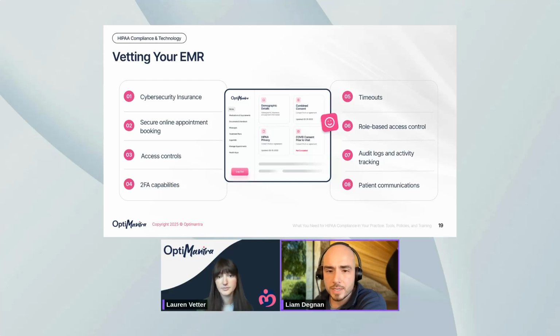Yeah, and I'll chime in. For those of you, like we talked about before, making sure that you have a BAA in place, when you're ready to do that deeper evaluation, this would be the slide I recommend you go back to. So the secure booking, the access controls, the multi-factor authentication capabilities, particularly role-based access controls, timeouts, all of that sort of stuff, is a part of something called the HIPAA minimum necessary standard, which means that if you have an employee in your practice that does not need access to all of your patients' information, they shouldn't have access to all of your patients' information.